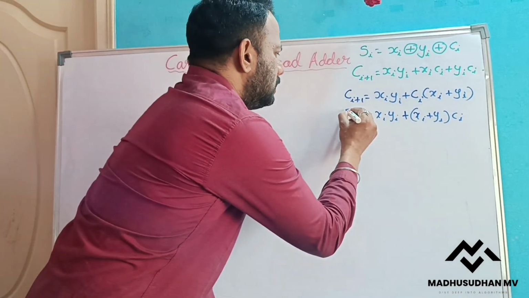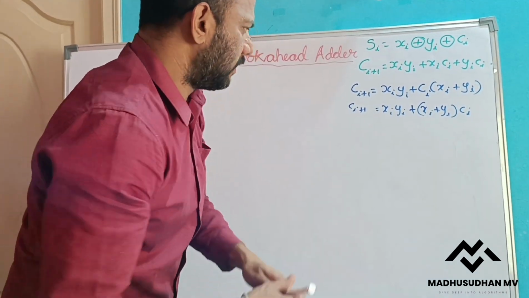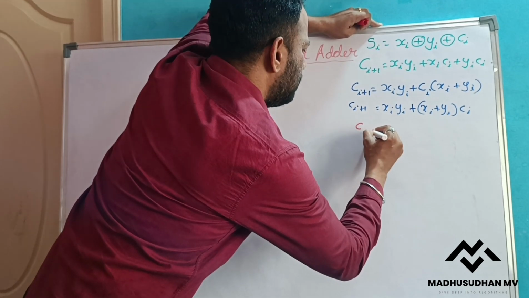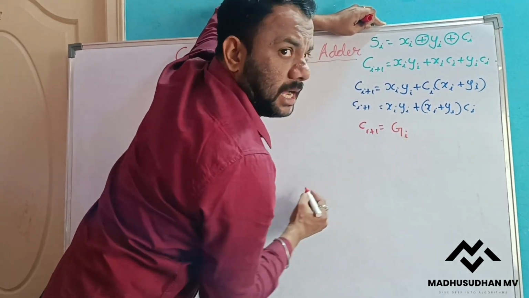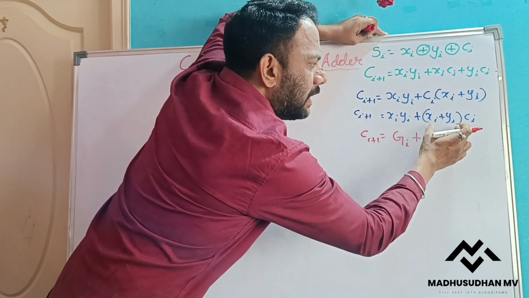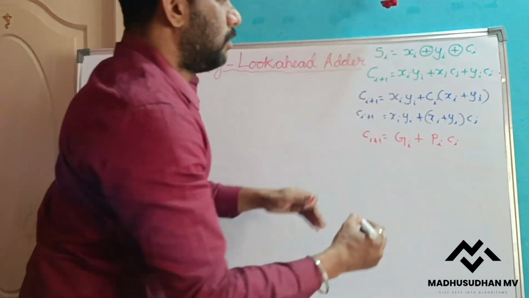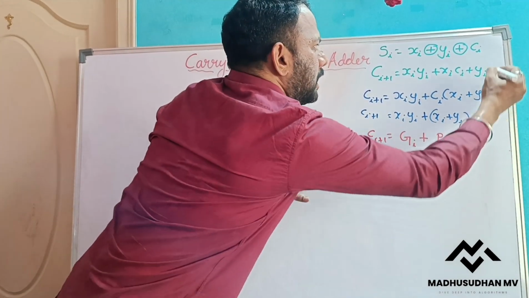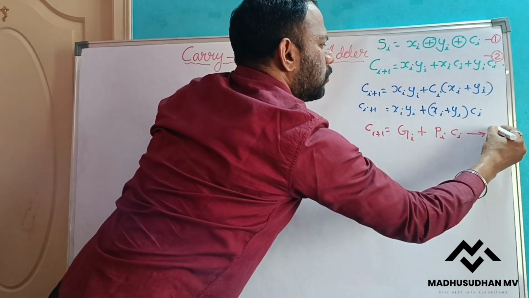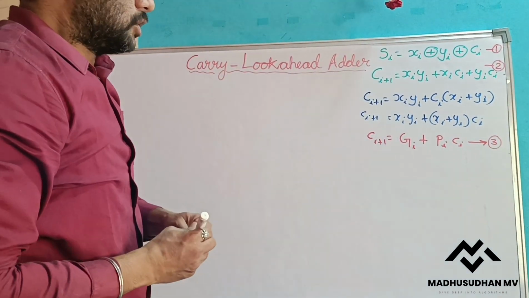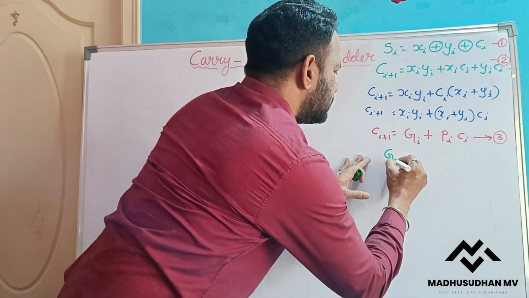Now I am going to write the same equation in another form. Ci plus 1, instead of xi yi, I am going to write gi plus, instead of writing xi plus yi, I am writing pi. Let us call this equation 1, this equation 2, this equation 3. So here gi is equal to what?